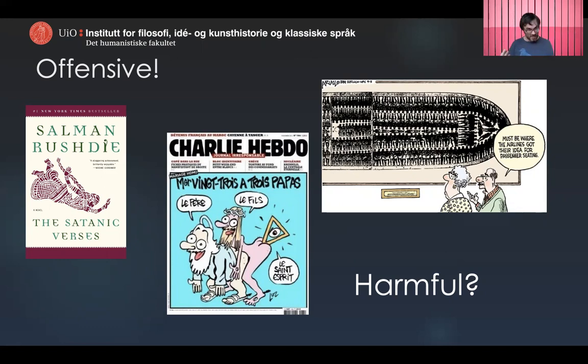So these are offensive, arguably, but are they harmful? That's going to be crucial for Mill, whether the state can interfere in banning such publications. So if they're just offensive, the state has no right to interfere. If they're harmful, then the state has a right to interfere. So we need a distinction between whether something's causing harm or it's merely offensive.